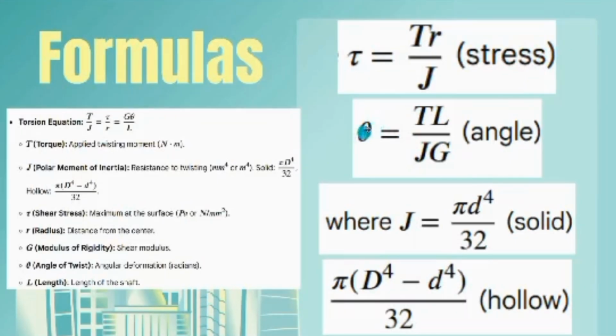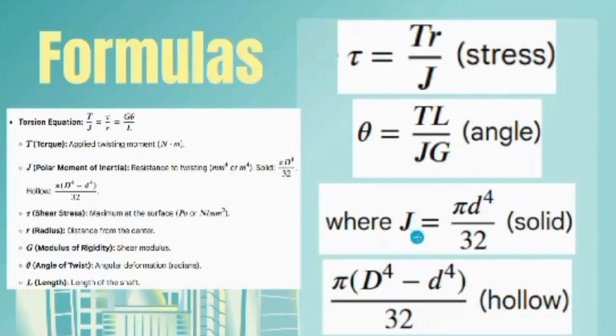And this one is how to get the angle. To get the angle, we have torque times length over polar moment of inertia times modulus of rigidity.